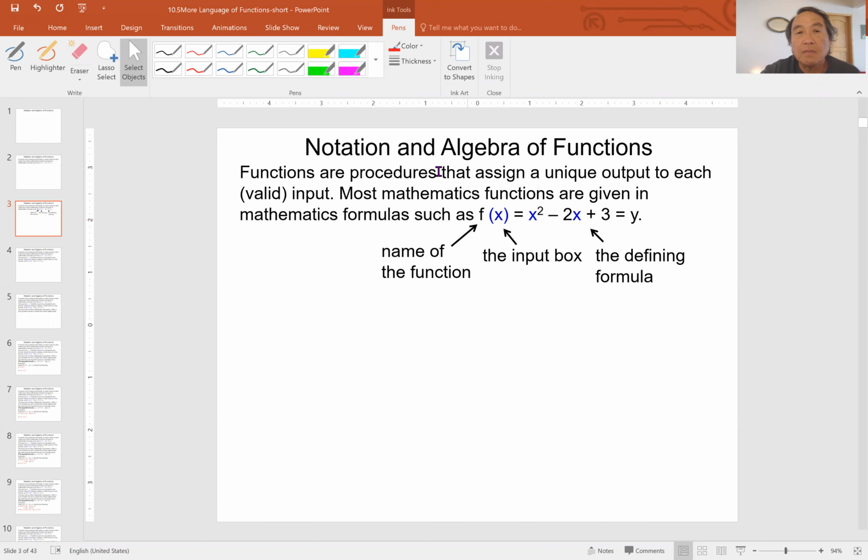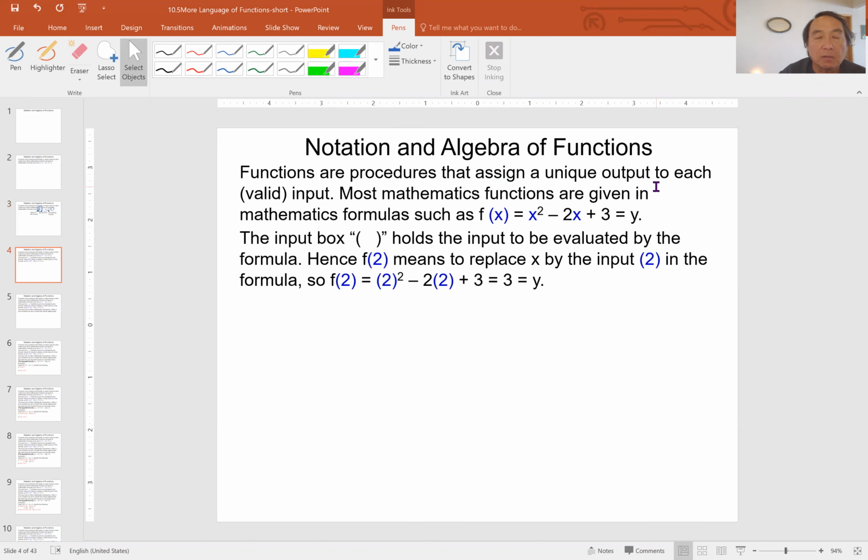The f is the name, and the x is the input box. And this is what the formula will do to the x, and whatever it produces is called y. Remember, this is called the input box because we get to put input into it, whatever x we want. For instance, the request is to process the number 2.